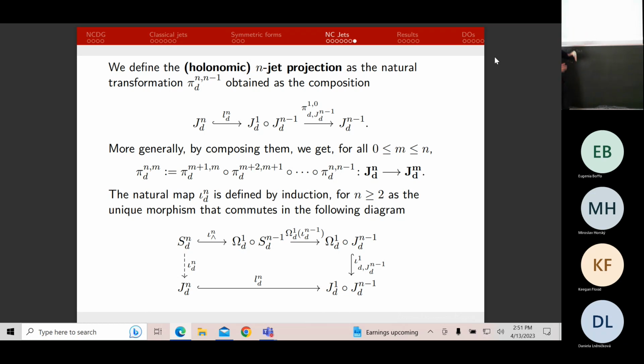I will not go into details, but the only thing I want to say about this is that what it means is that the operation of forgetting the relation in the first position, they agree. Like this inclusion is such that forgetting the relation between the first position are the same.